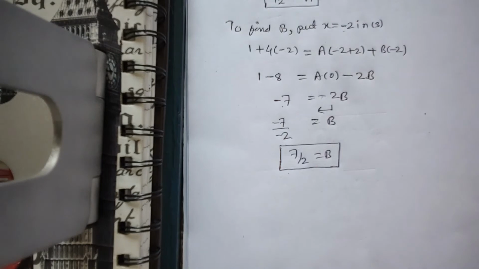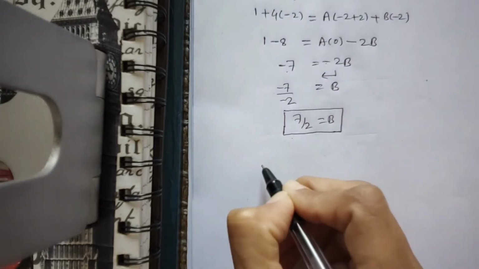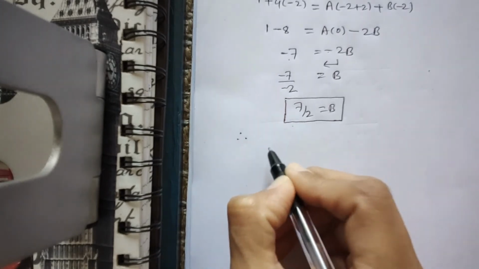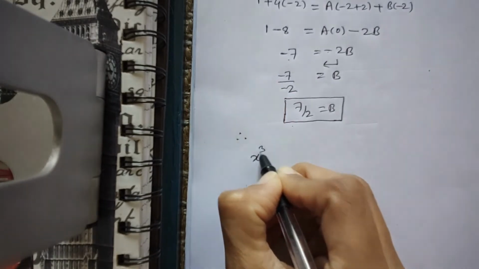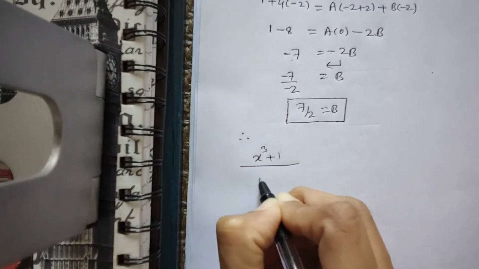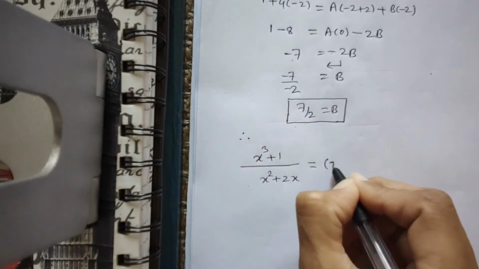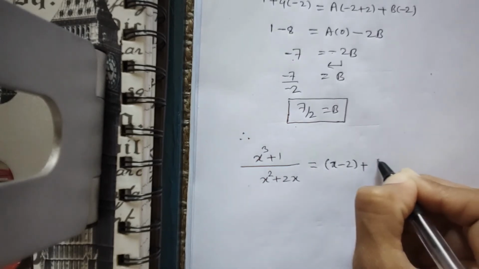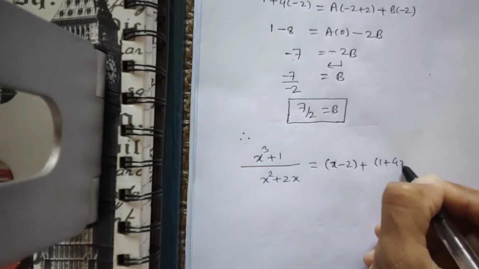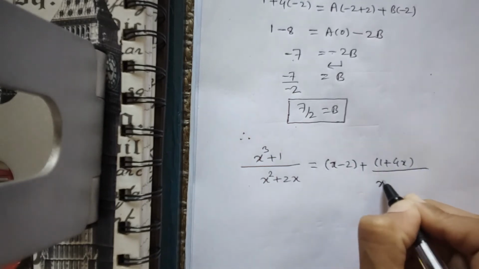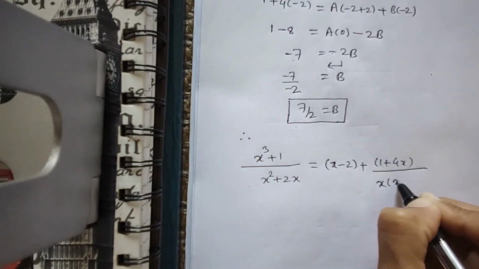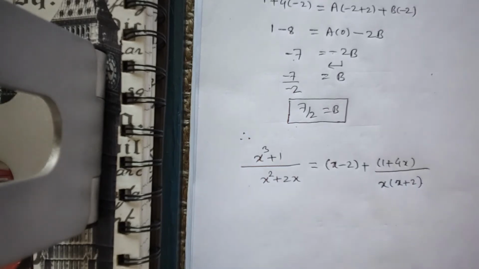Now I am going to substitute these values in the first equation, because that's what my partial fraction was. So the original expression, (x³ + 1) upon (x² + 2x), I have got as x - 2 + (1 + 4x) upon x(x + 2).